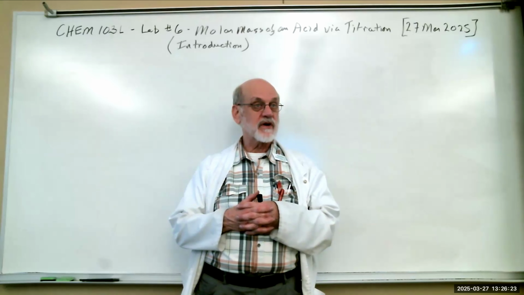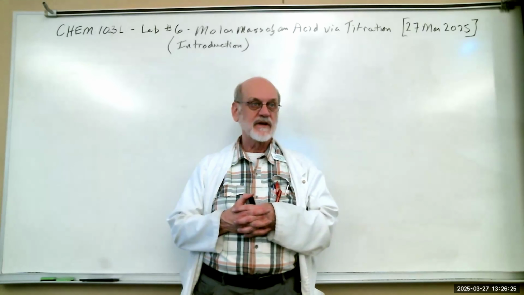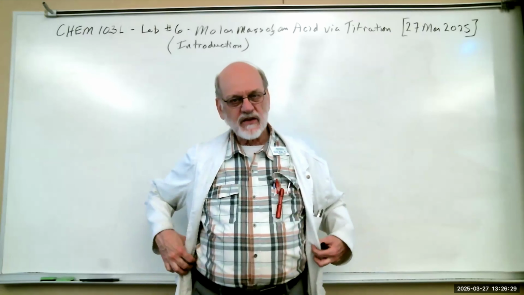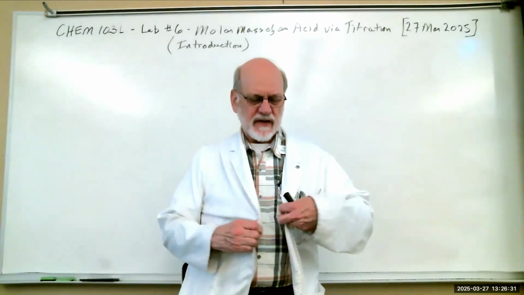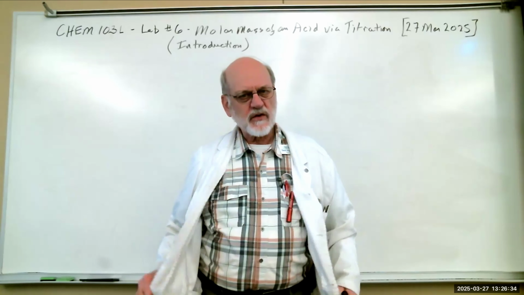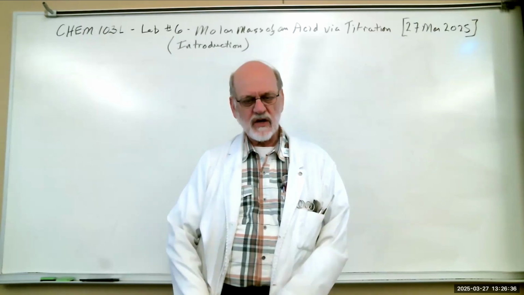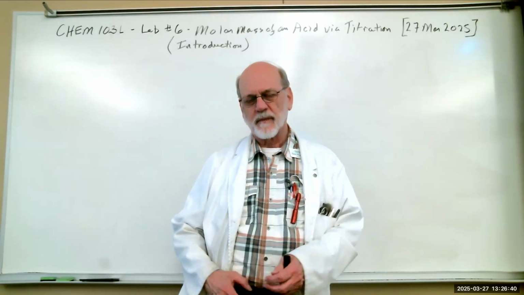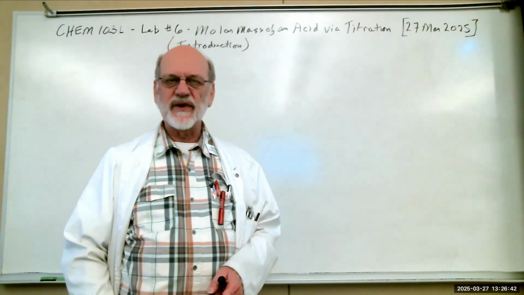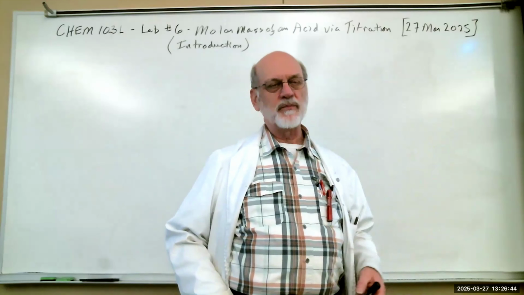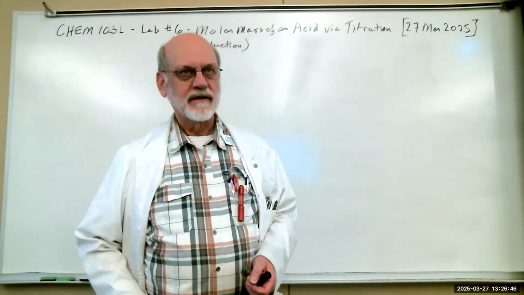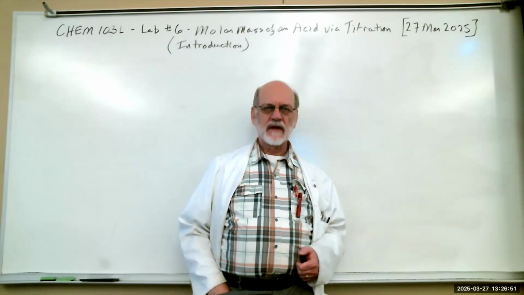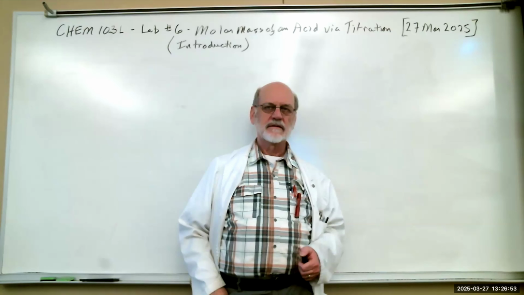You wear eye protection because if you splash that stuff in your eyes, it can do some damage. Right? So you need that. And you don't want to get any on your clothes, especially the base. You get the base on your clothes and it might decolor your jean. You have a yellow spot here and there. The acetic acid won't do anything, right? Because we put it on our salads, right? Vinegar.